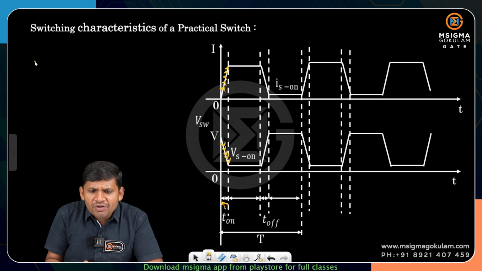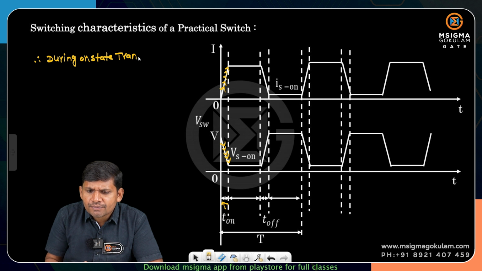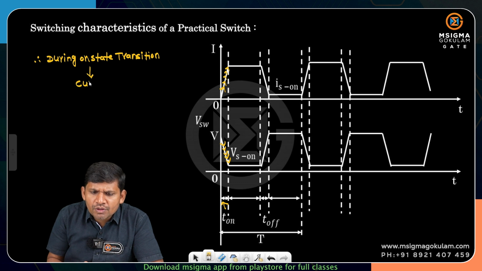What is the observation during on state transition? Very important, students. Current through the switch or device is increasing, and voltage across the switch is falling.